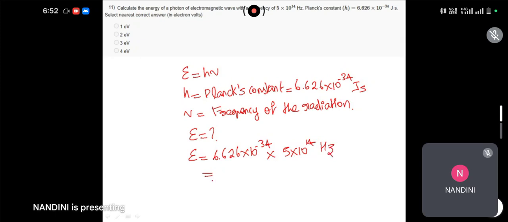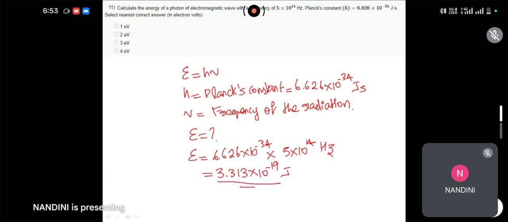The answer will be 6.626 into 10 raised to minus 34 into 5 into 10 raised to 14. The answer is 3.313 into 10 raised to minus 19 joule.